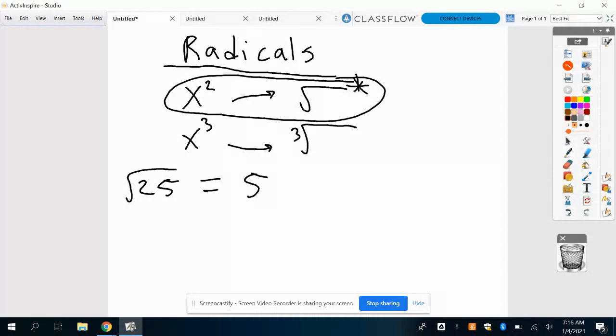One thing I do want to show you, and this isn't super important for you this year, it's just to get you used to this new term. But sometimes you will see negative square roots. So let's say you have something like the square root of negative 49. When this happens, you get something called i. i is in a number set, and that number set is specifically called imaginary numbers.